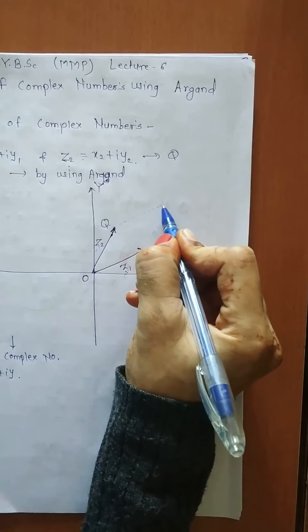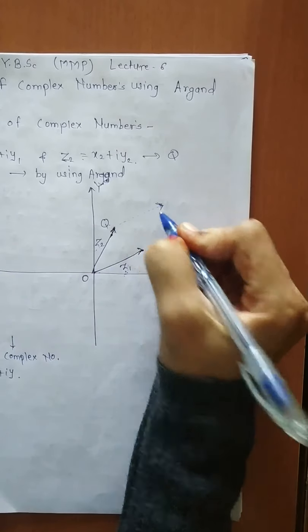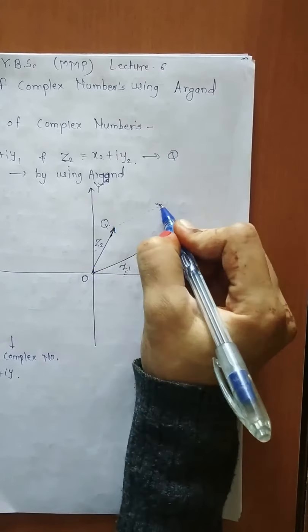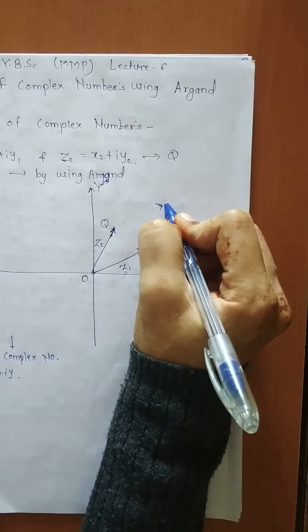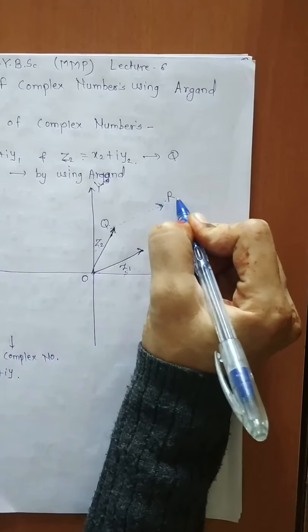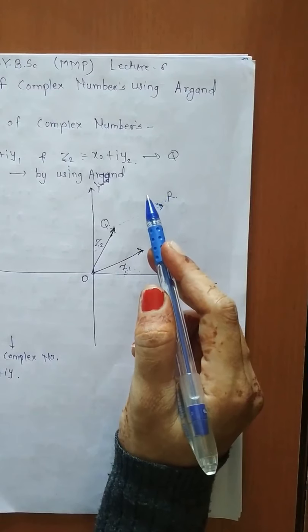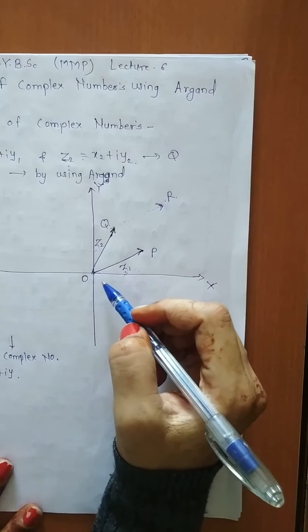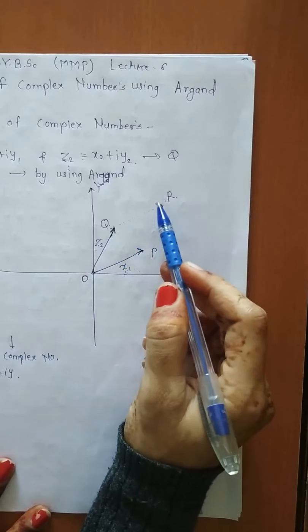So this will be our other vector, which will have equal length. This OP will be equal to this length. Let me call this point R. So this is point R. Now OP and QR, these lengths are equal, which means I can say that OP is equal to QR.